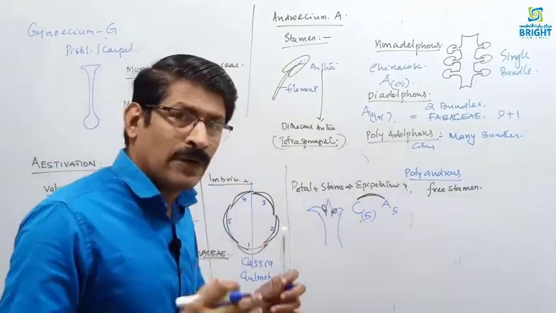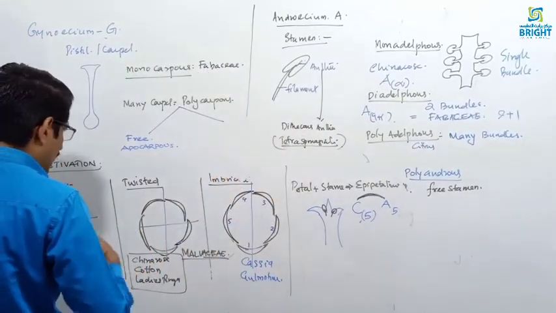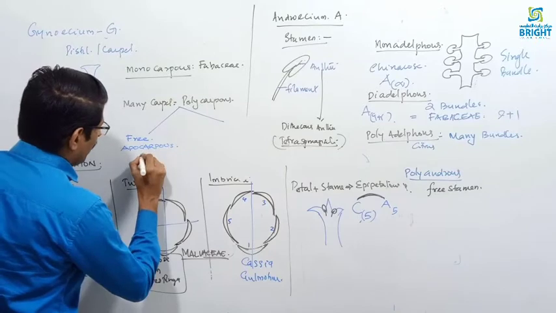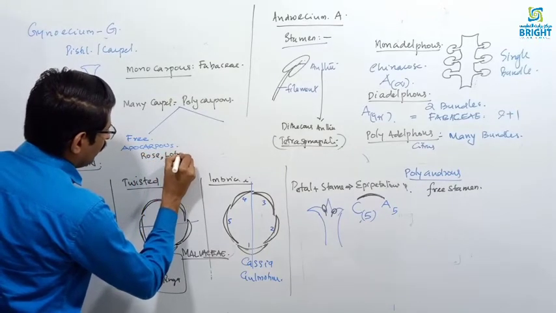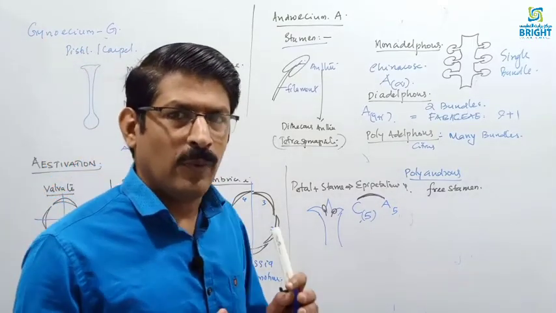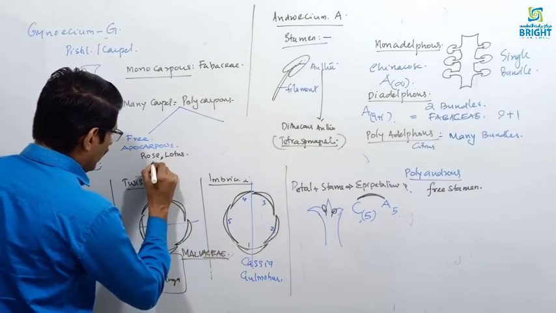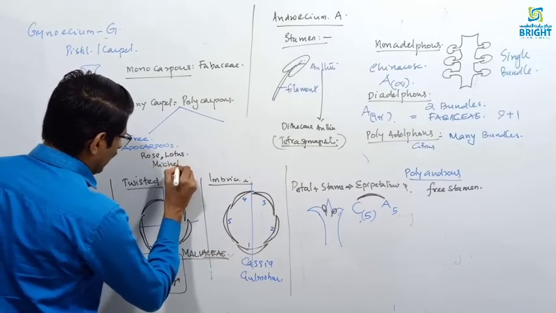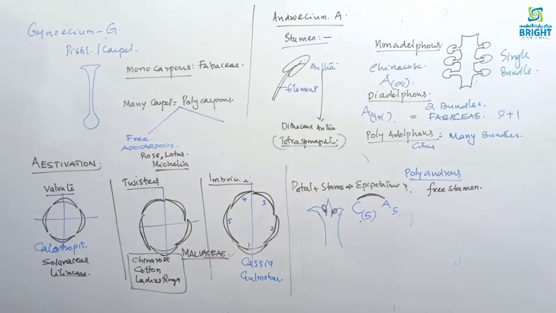The examples are very important: rose and lotus. Many carpels are present, each free, then it is called apocarpous. Another example you have to remember, which we study in second year, is Michelia champaka. It is apocarpous.